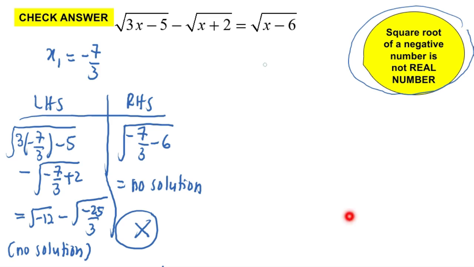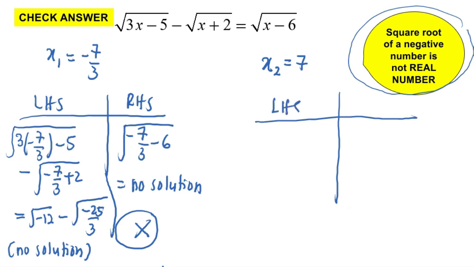So let's check for another root, which is 7. Replace x with 7 on the left hand side. So 3 times 7 minus 5, surd, minus 7 plus 2.